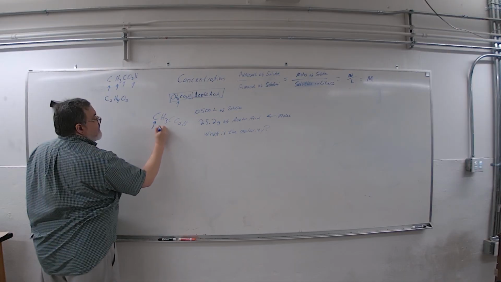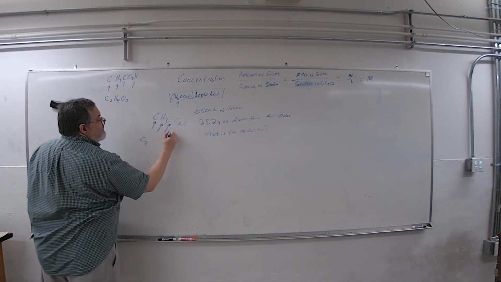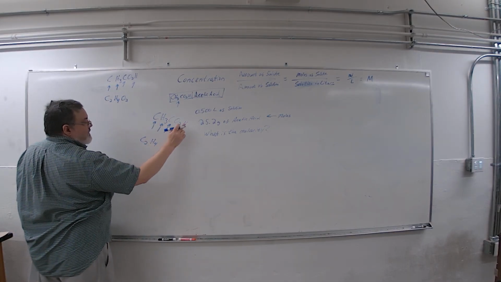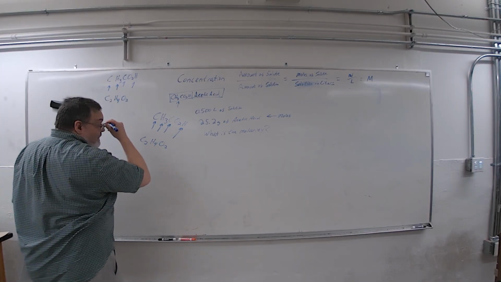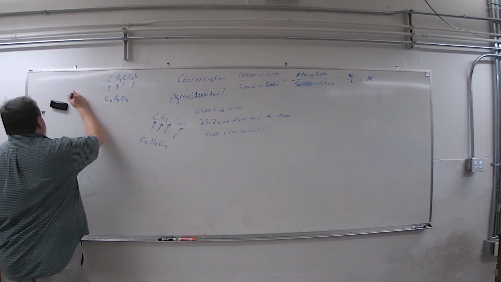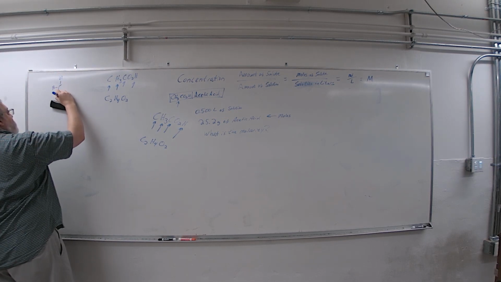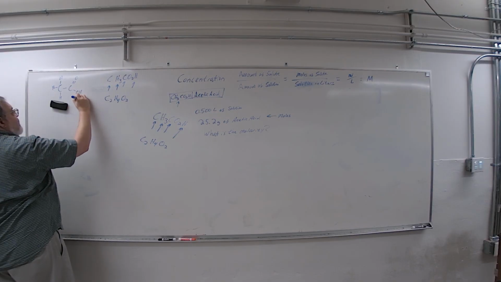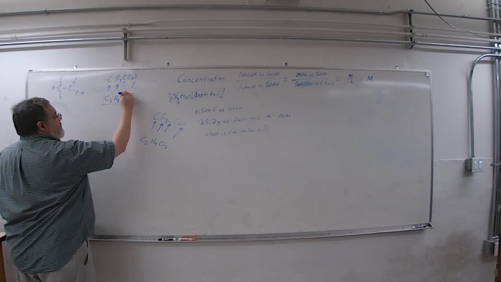So 1 carbon there and 1 carbon there. 1 hydrogen there, 3 hydrogens there, and then you've got 2 oxygens. Just to be complete, that's acetic acid.